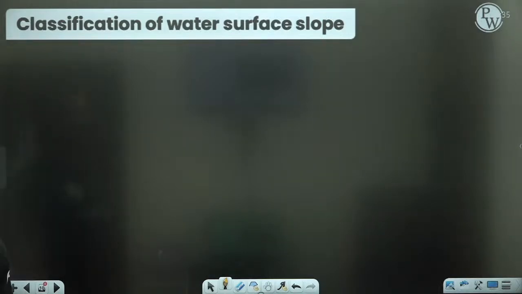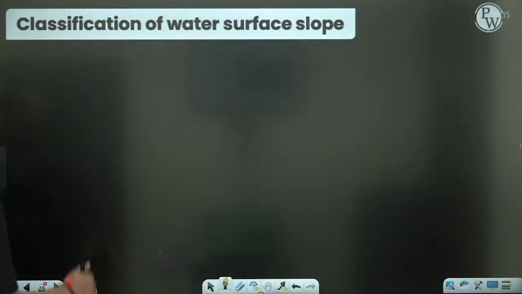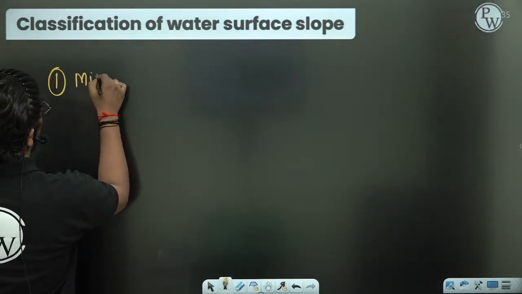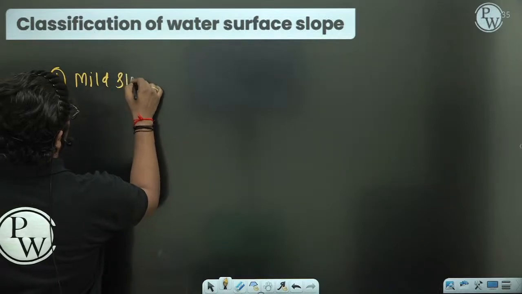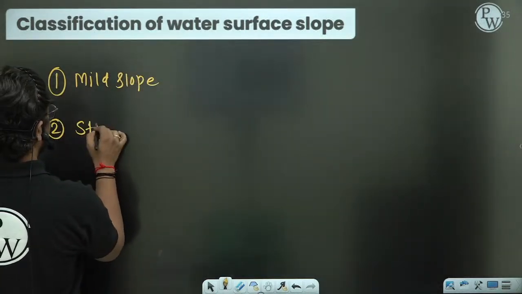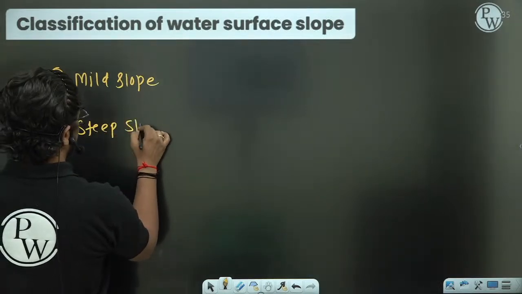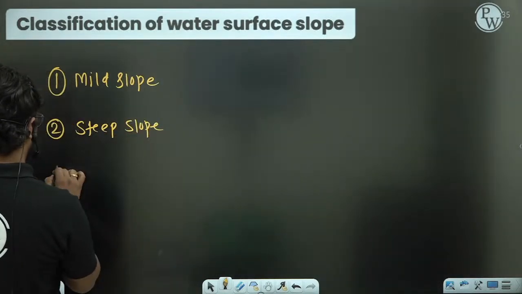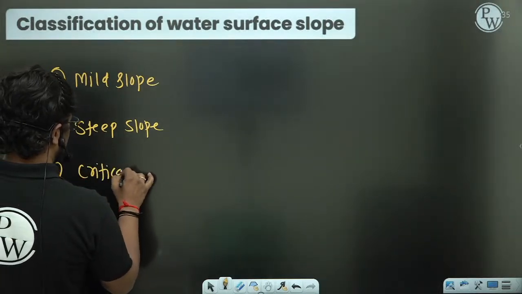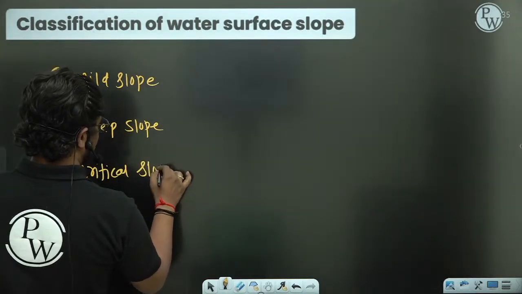Now I'm going to divide the complete water surface slope into 5 parts. First one is the mild slope. Second one is the steep slope. Third one is the critical slope.